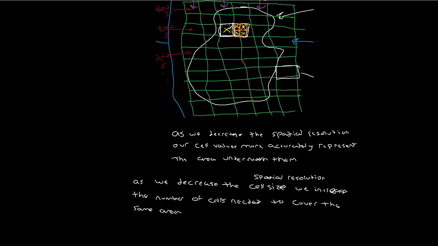So it took 4 cells in this higher spatial resolution. We decreased the length of one side, so we now have 4 cells for every 1 cell. To cover this same area, we would need 4 times the number of cells.